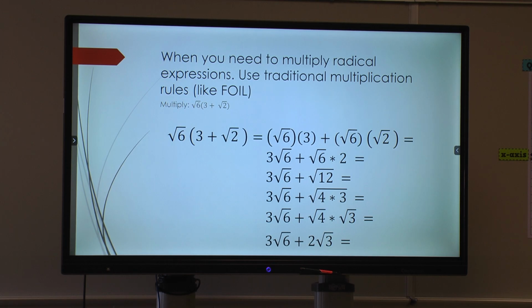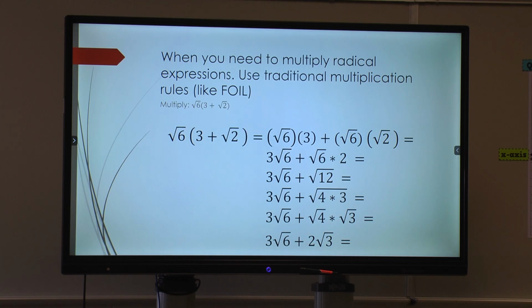Now, going back to what we talked about when we were adding and subtracting, and we did the multiplication with FOIL, or the box method. FOIL: first, inner, outer, last. Could I add 3 radical 6 plus 2 radical 3?